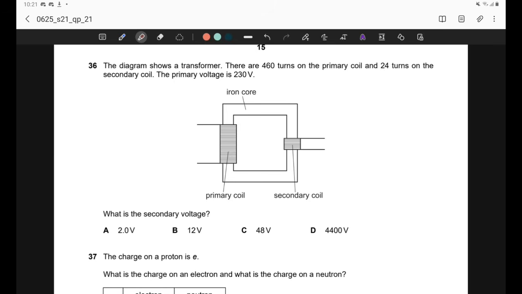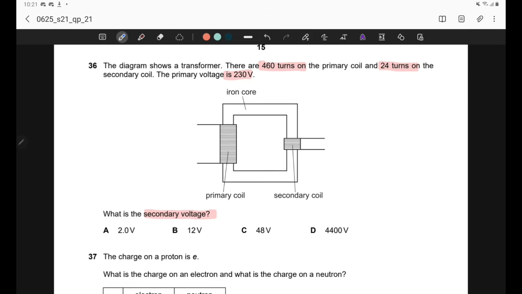Question 36. The diagram shows a transformer. There are 460 turns on the primary coil and 24 turns on the secondary coil. The primary voltage is 230 volts. What is the secondary voltage?